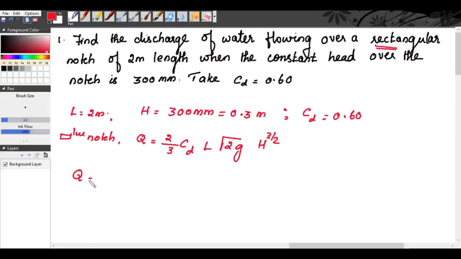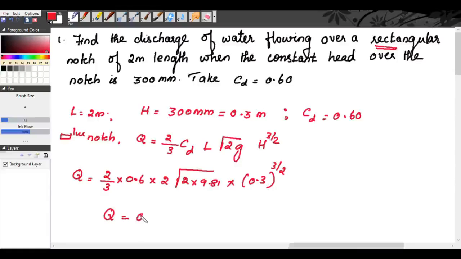So Q is equal to 2 by 3 into CD is 0.6, length L is 2 meter, into square root of 2 into 9.81, into H is 0.3, 0.3 raised to 3 by 2. So we get Q is equal to 0.582 meter cube per second.